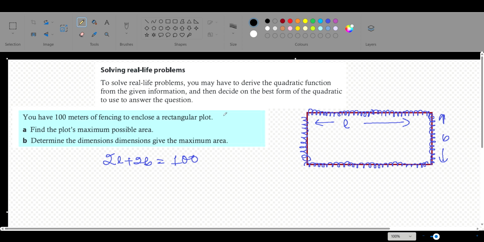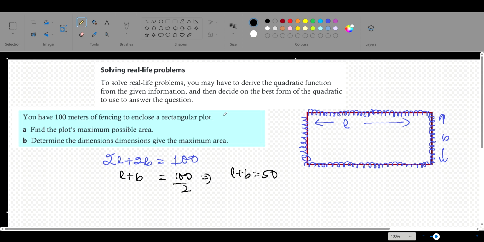But first we need to simplify this expression. So we have 2L plus 2B is equal to 100. Can't we take 2 as common and put L plus B is equal to 100 by 2? So my L plus B is 50.